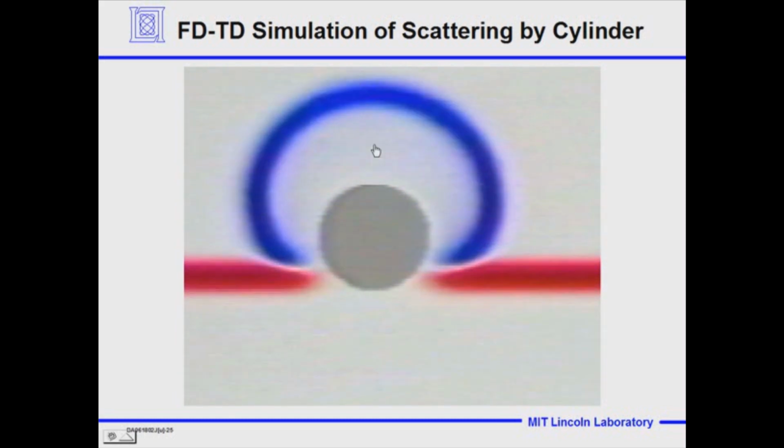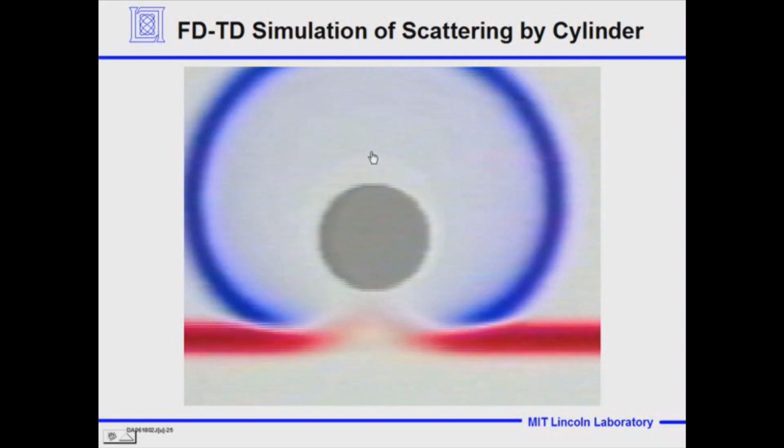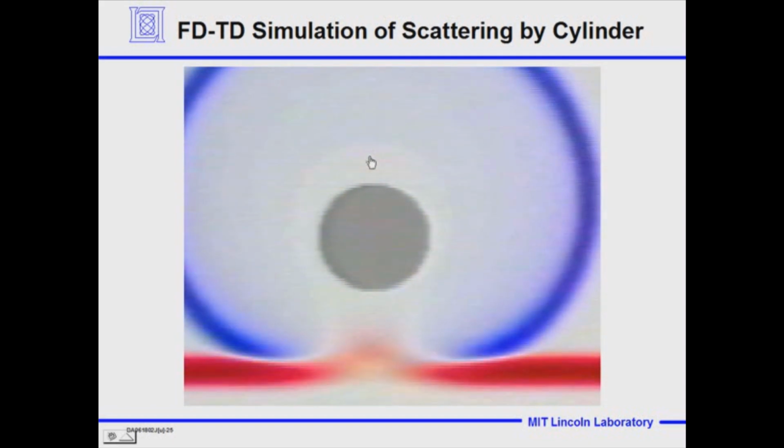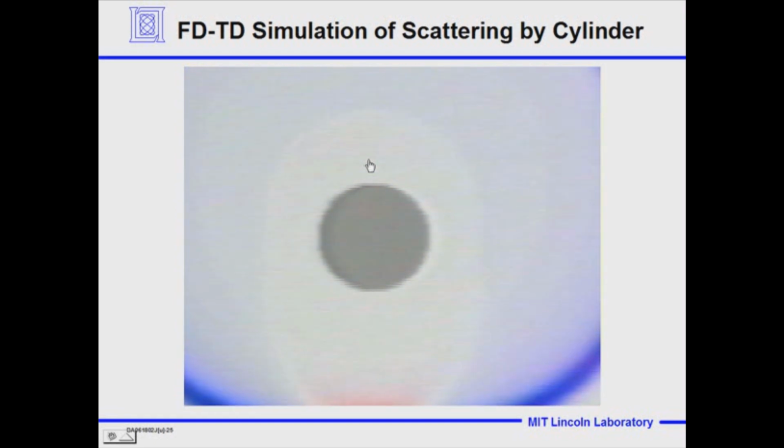We'll get the specular, and if we change the orientation of the electric and the magnetic field, we're going to get a different phenomenon. What we saw just there was a specular reflection coming back towards the radar. Okay, let's look at it again.